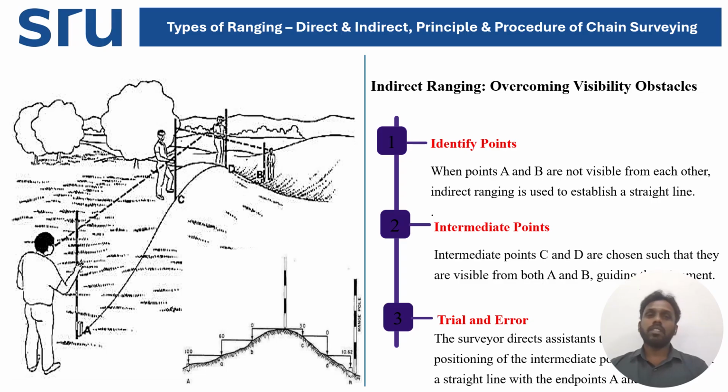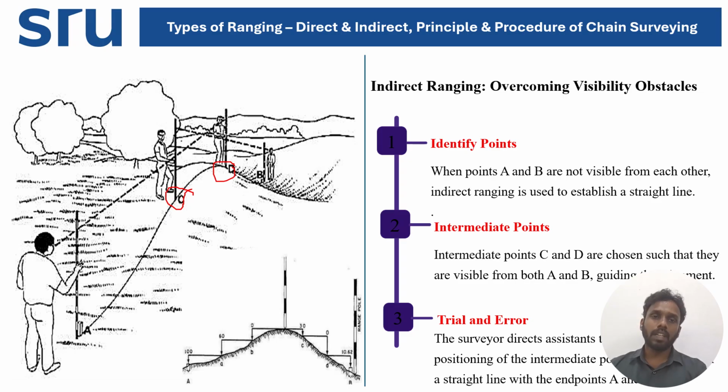Now we are going to see indirect ranging. In the last slides we saw that both point A and point B are visible. There will be some situations when point A may not be visible from point B, or point B may not be visible from point A. In that condition, fixing an intermediate point in a straight line aligning with A and B is complicated because the points are not visible.